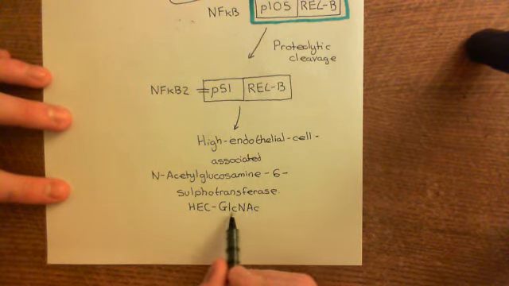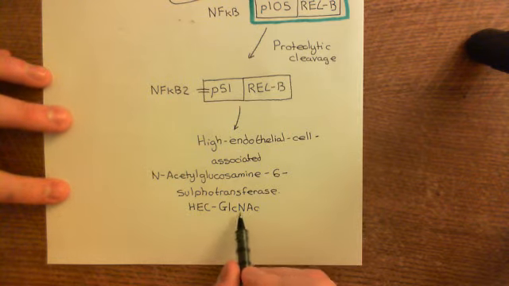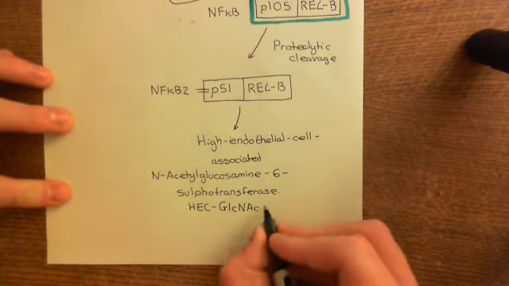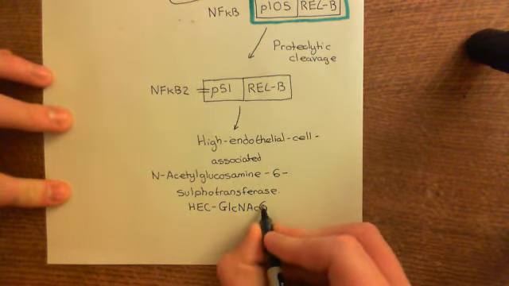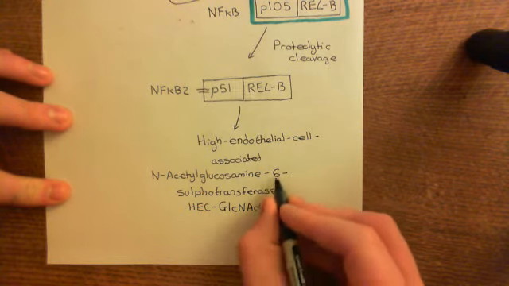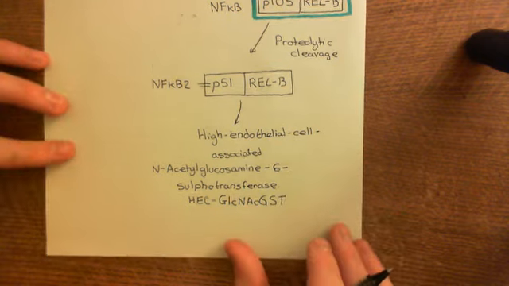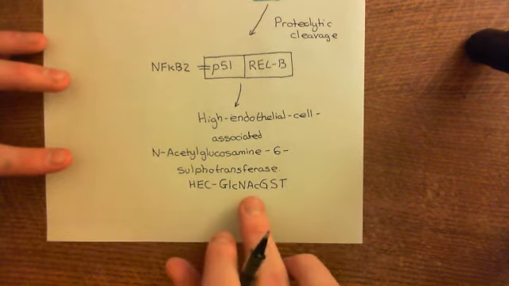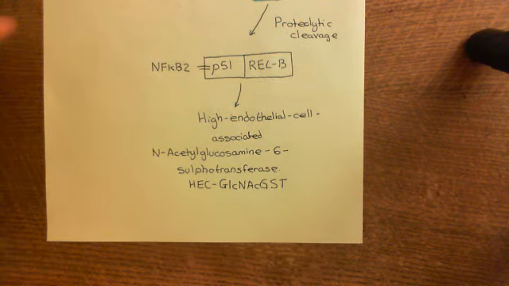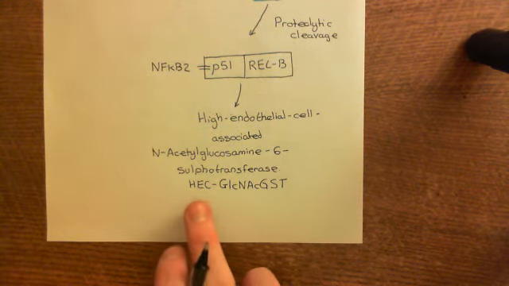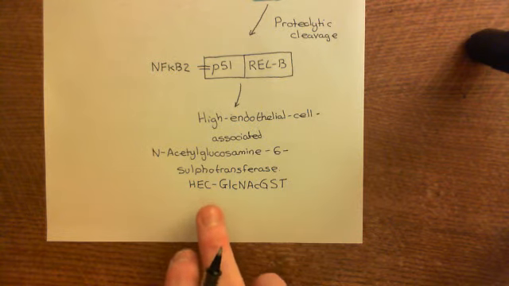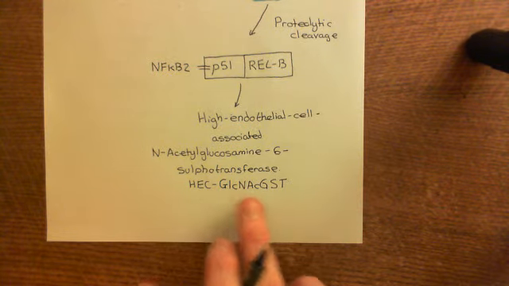And then you put 6, and then ST for sulfotransferase. Okay, so it's HEC, GLC, NAC6ST. But you should read that as HEC, high endothelial cell associated, and then N-acetylglucosamine 6-sulfotransferase.